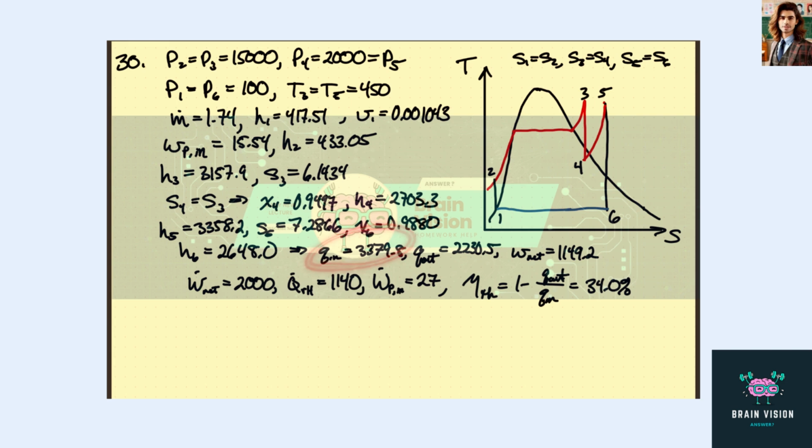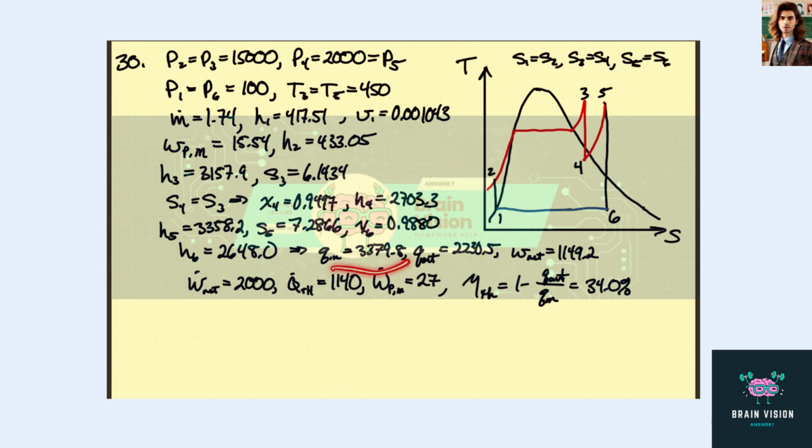So we know Q in is the enthalpy difference from here to here, and then from here to here. So we have to add H3 minus H2 and H5 minus H4 to get that enthalpy.